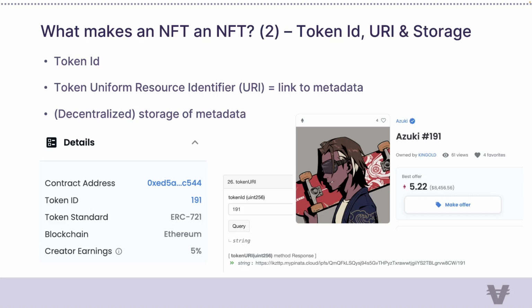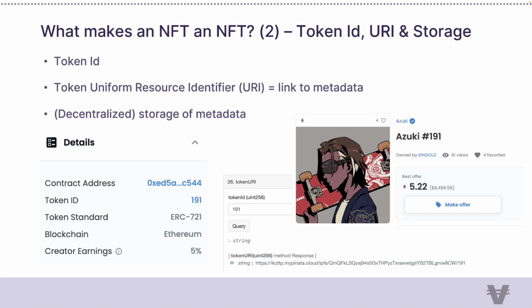So when I go to OpenSea, you can go to the details tab. You can find the contract address, the token ID, the token standard, the network or blockchain, and then the royalties, which are the creator earnings. When I click on the contract address, you will be brought to etherscan.io, and you can then go to the contract, which is verified, and you can fill in the token ID to find the token URI.